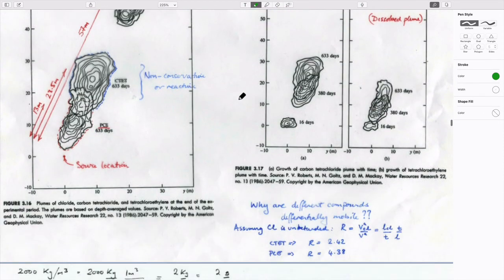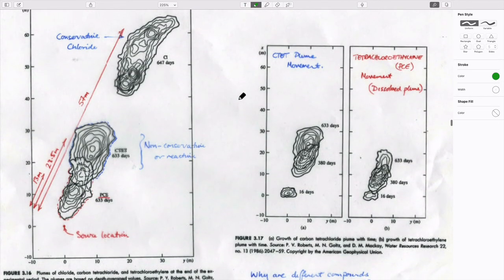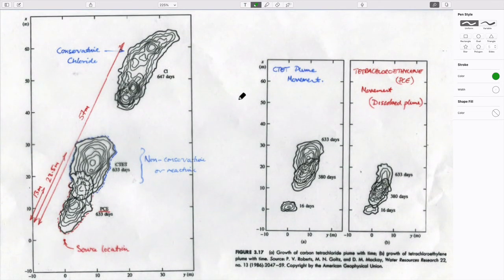So what does this look like if we look at it in the field? This is an example from the same field site that you looked at in part 3, the Canadian Forces Base in Borden, which happens to be a nice shallow sand aquifer where you can dig a hole and put a nice cocktail of materials, TCE and PCE and salt, that dissolve in water, and it is within a flow field and gets carried down gradient.